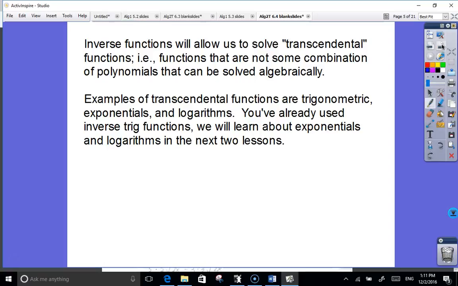That would be solving algebraically, and you can do that with non-transcendental functions. But transcendental means things like trigonometric functions, sine, cosine, tangent, exponentials, and logarithms. Those we're never going to be able to just isolate by doing operations to both sides. We need some other trick to do it. And that's what inverse functions do for us.